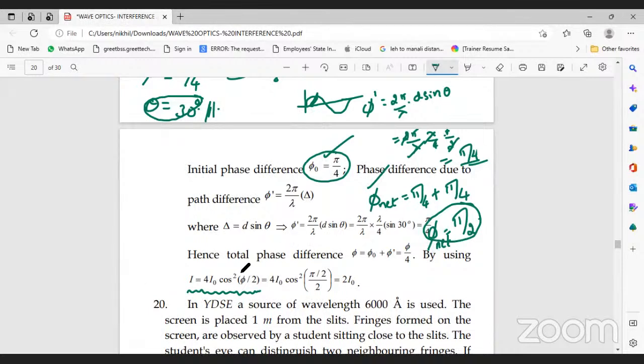Substitute that net phase as pi by 2 here: I naught into cos squared pi by 2 by 2.